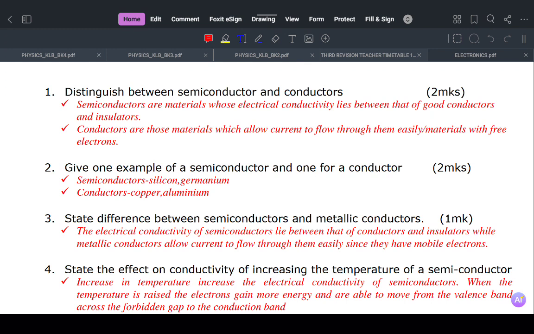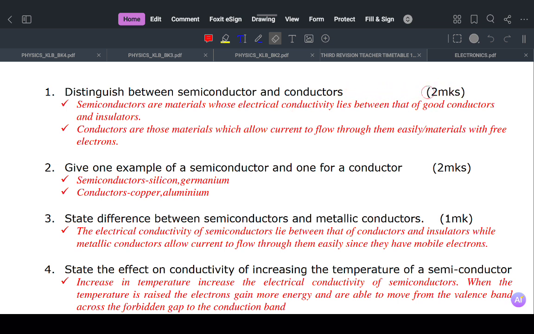We are going to be looking at some topical questions in a topic called Digital Electronics. Your syllabus requires that you should be able to distinguish between semiconductors and conductors, 2 marks.